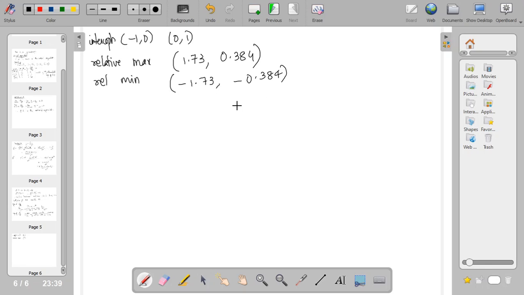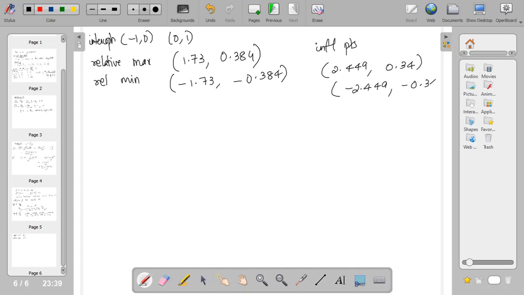And let us look at what is the value at the inflection points. So the inflection points will be root 6, 2.449, the function value is 0.34, and minus 2.449, minus 0.34.